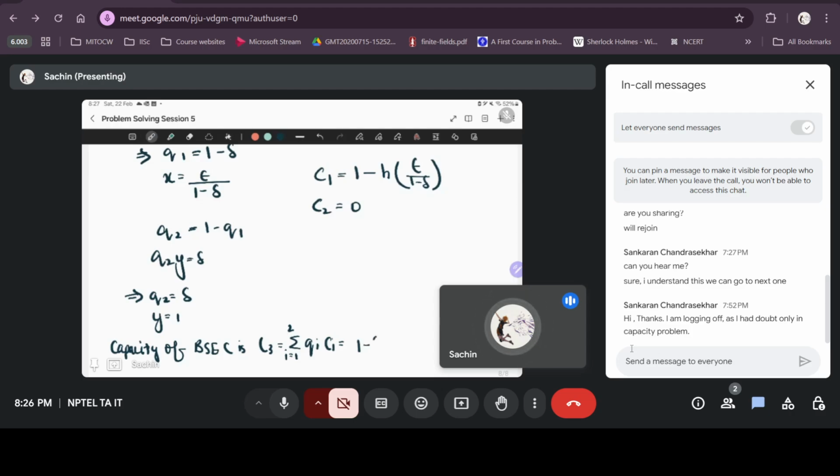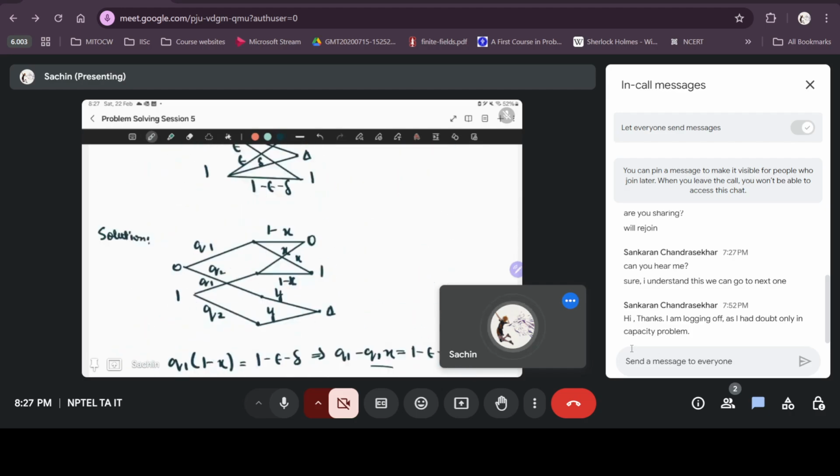Q1 is 1 minus delta, C1 is 1 minus h of epsilon over 1 minus delta, Q2 is delta, and C2 is 0.